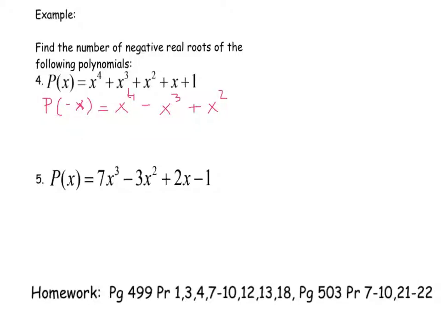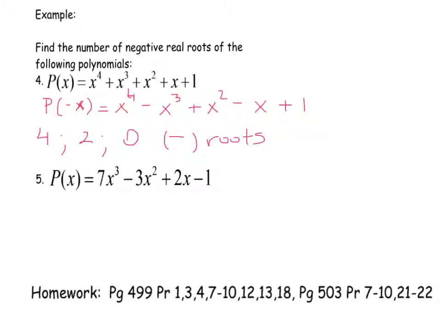The x term will change to a negative x plus 1. So now if we count the number of sign changes, we'll have 1, 2, 3, 4 sign changes, which will mean that we could have 4 or 2 or 0 negative roots of this polynomial.